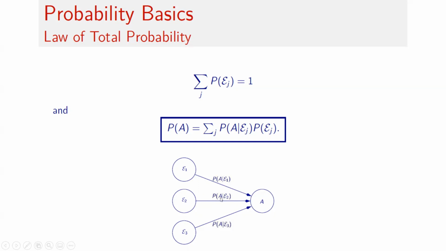Also, the probability is given by the probability of capital A given epsilon 2, and also the probability of capital A given epsilon 3, and so on until the last epsilon sub index j. Okay, and this type of graph will appear later in the next classes when we talk about dynamic processes. This graphic on the bottom is a graphical way of this formula here. It's the same, but in a graphic way.